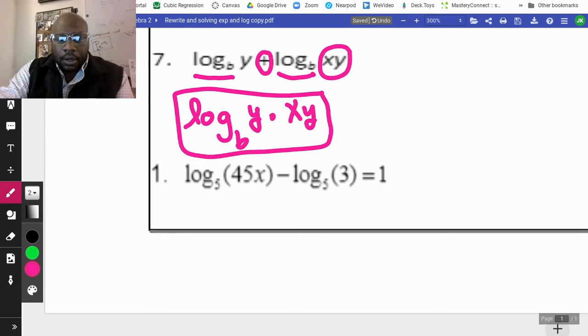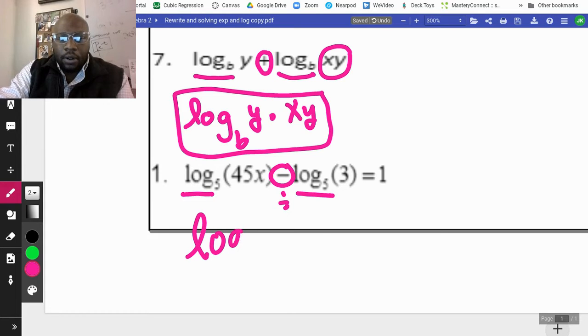With the last one, this should be log 5, but look, it's being subtracted. The opposite of subtraction is dividing, so we're going to write it like this. We have the log 5, and since it's being divided, I'm going to do my dividing right here.